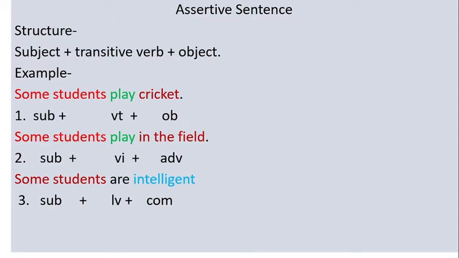In assertive sentences, we find three types of principal verb or finite verbs. They are transitive verb, intransitive verb, and linking verb. Look at this slide. In this slide, you can see three structures of assertive sentence.